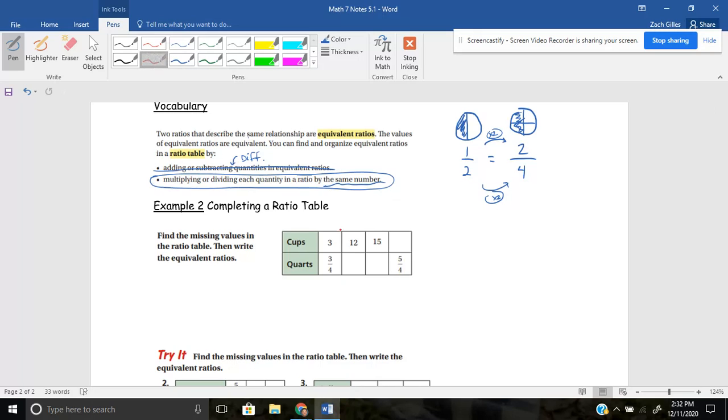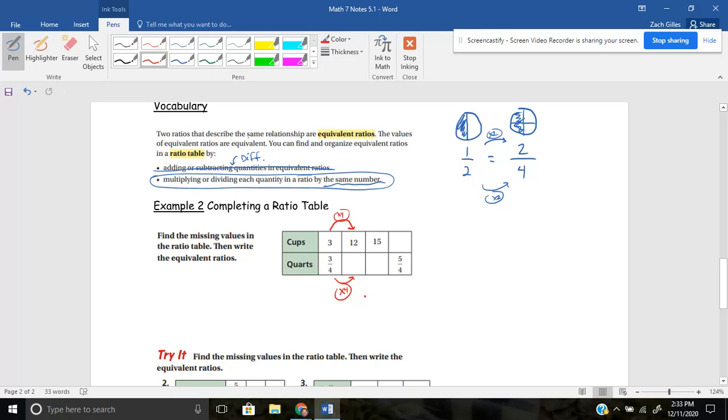So let me ask you, how would you go from 3 to 12 using multiplication? Well, a lot of you would say by multiplying by 4. Okay, so you multiply this bottom quantity by the same. Multiply by 4 to keep these two ratios equivalent.